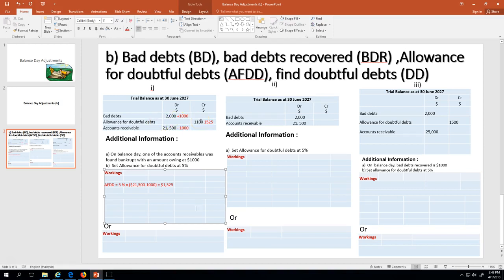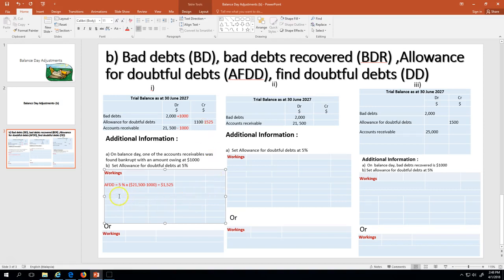Remember, balance day adjustment is done at the end of each financial year. Whatever we count, when it belongs to the end of the financial year, it means it's balance CD. So how about this 1,100? It's actually balance BD, the beginning of the period.